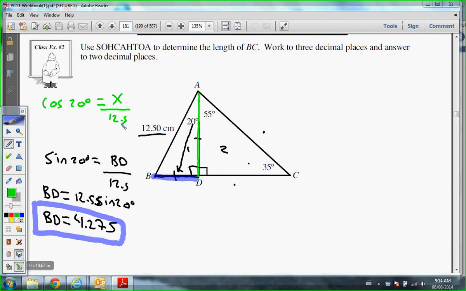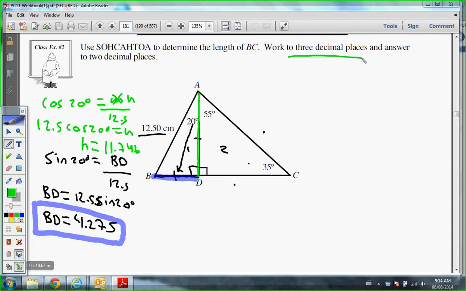Okay, just times 12.5 over, or let's not call it x, let's call it h, the height. 12.5 cosine 20 equals h. H equals 11.746. I'm doing it to 3 decimal places because it told me to up here. Okay, so 11.746 is the height of the triangle.